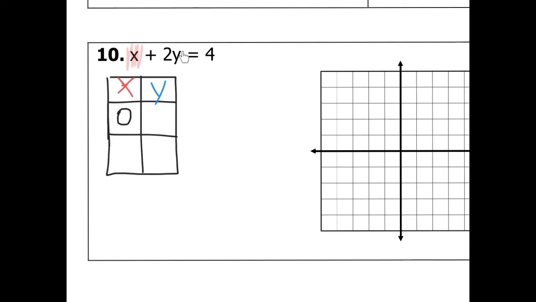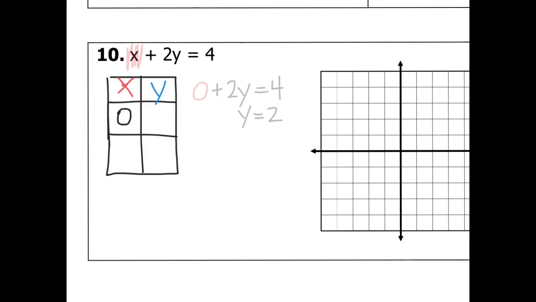So the way we did that before, we would replace our x value with a 0, keep everything else as is, and as a matter of fact, we kind of used to cover this up with our hand and say, okay, if our x is 0, that makes our y 2, because 2 times 2 is 4. So if your x is 0, your y is 2. So I'm going to put a 2 here.